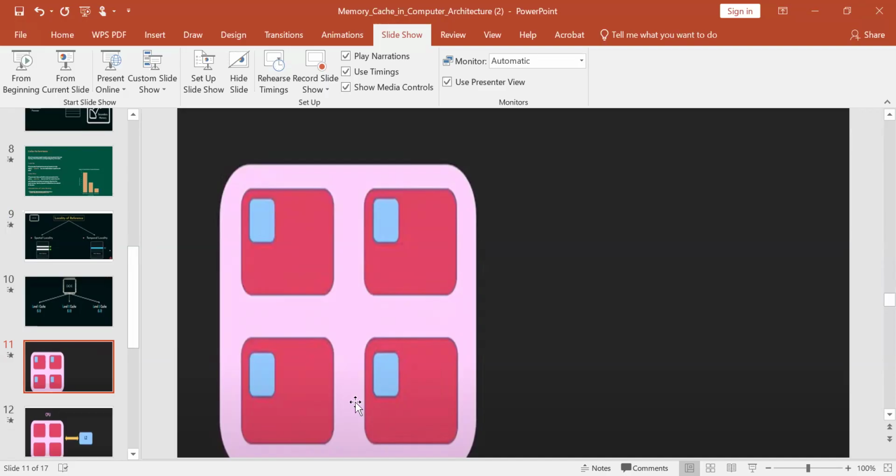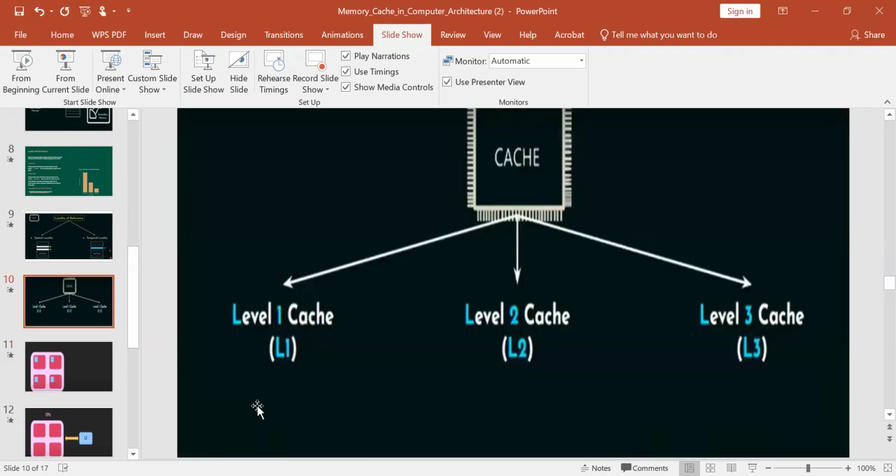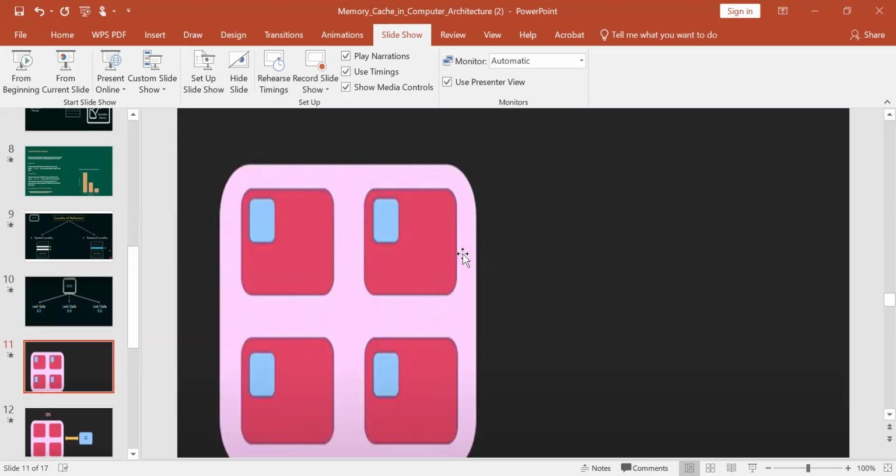And because they're already in the CPU, they operate at a very, very fast rate. So the L1 caches are the fastest of all the caches that we have because they are integrated in the CPU, and hence they operate at a very fast speed. They're able to store data from 2 kilobytes to 64 kilobytes. I'll be showing a table to illustrate that as well.